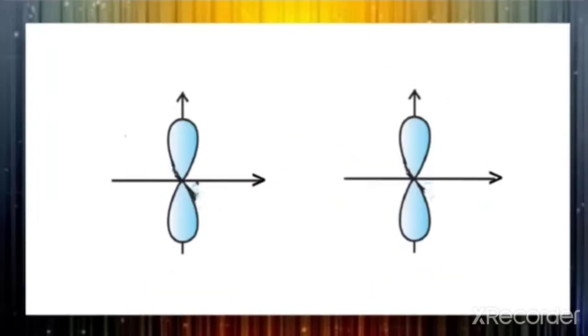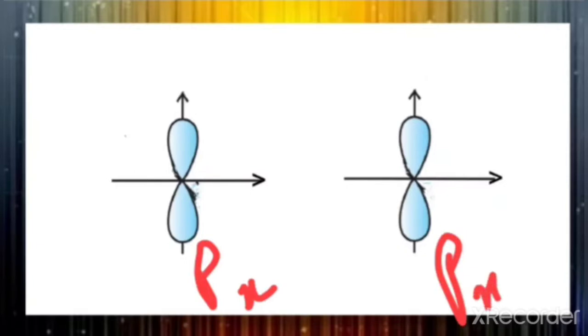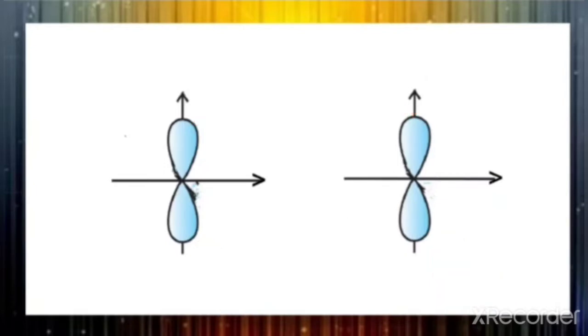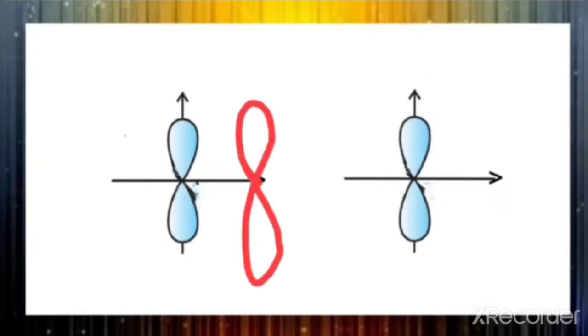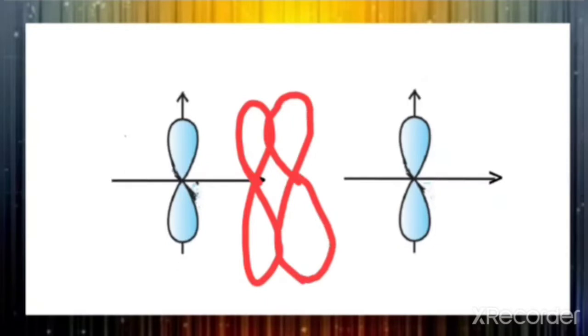But when we talk about the p orbitals px and px, because they are oriented in this way, the heads do not overlap, unlike the case of pz and pz. Here there is only one possibility: they overlap sidewise, side by side, not head by head.